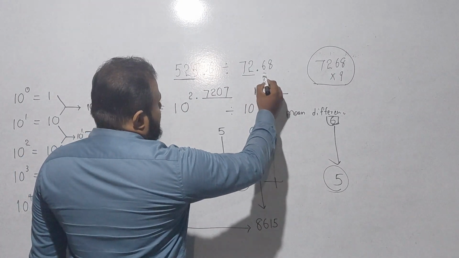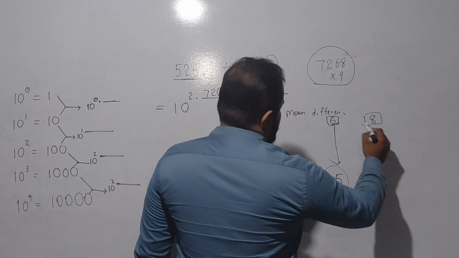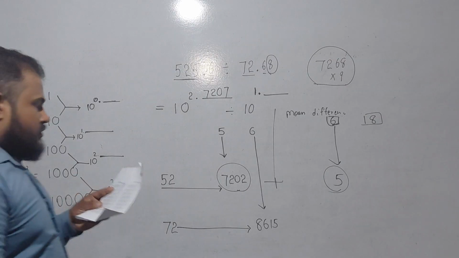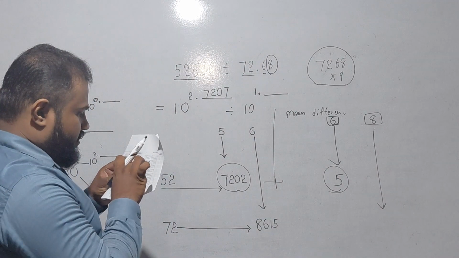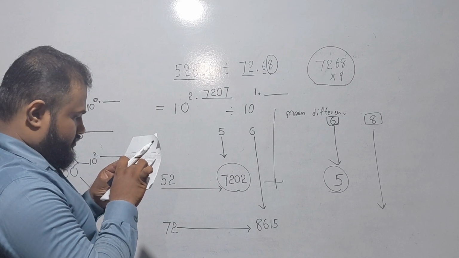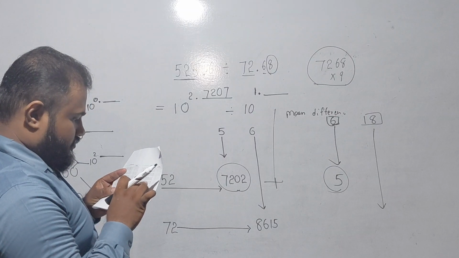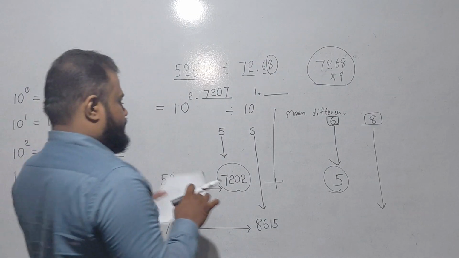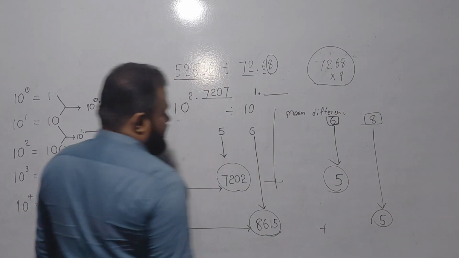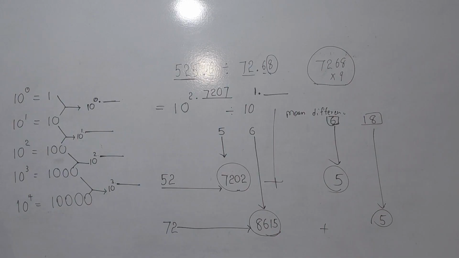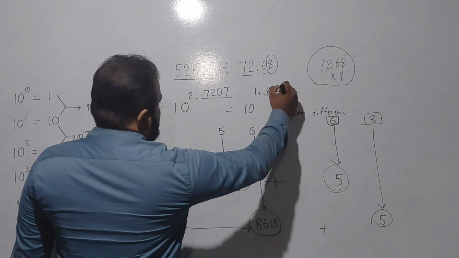Then to find this 8, we have to go to the mean difference part. In the mean difference part, there is 5. So the total mantissa is 8615 plus 5, 8620.